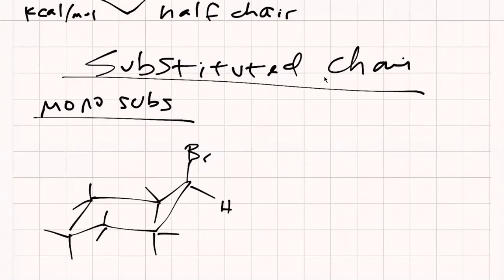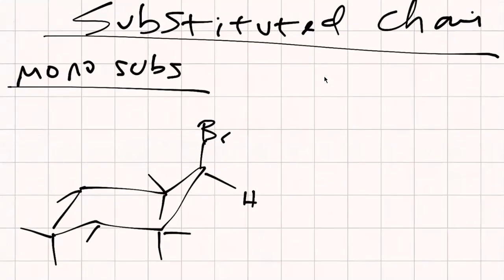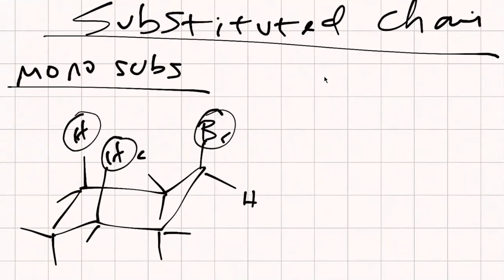So if you put a substituent on an axial site that's pointed vertically but downward, it's going to have the same impact, right? It's going to experience the same interactions. So on the chair, the axial hydrogens here are going to interact with that bromine.